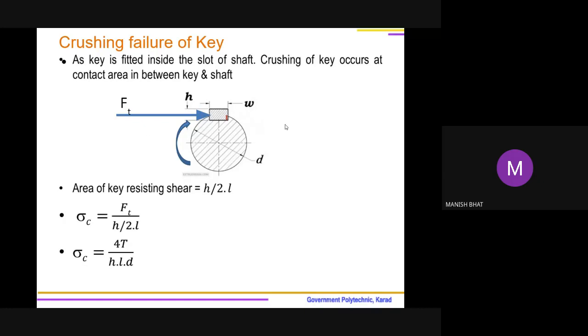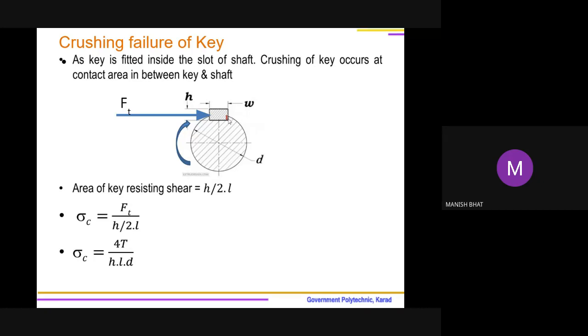On the other hand, from another shaft, the coupling has received power and is trying to rotate the shaft. So what happens? This tangential force is pushing the key against this keyway.